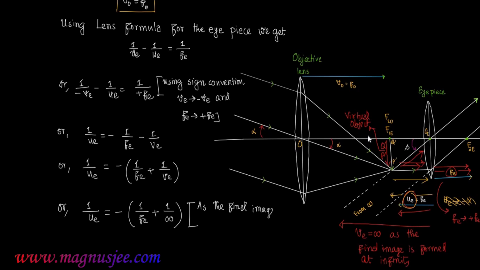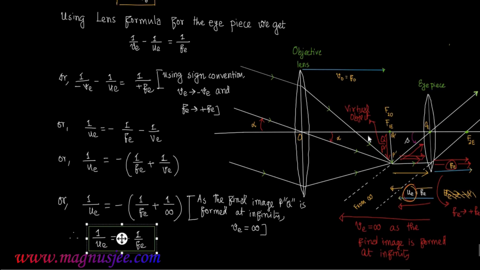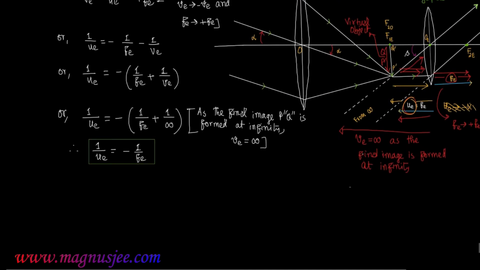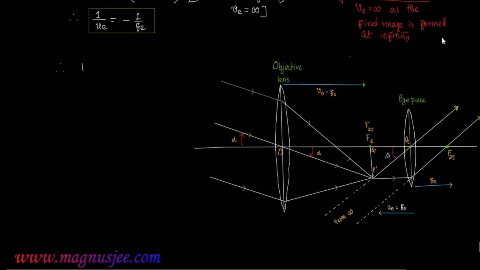As the final image P double prime Q double prime is formed at infinity from the eyepiece, you can say that the image distance of the final image VE is equal to infinity. Therefore 1 by UE equal minus 1 by FE, where UE is the object distance of the virtual object P prime Q prime.